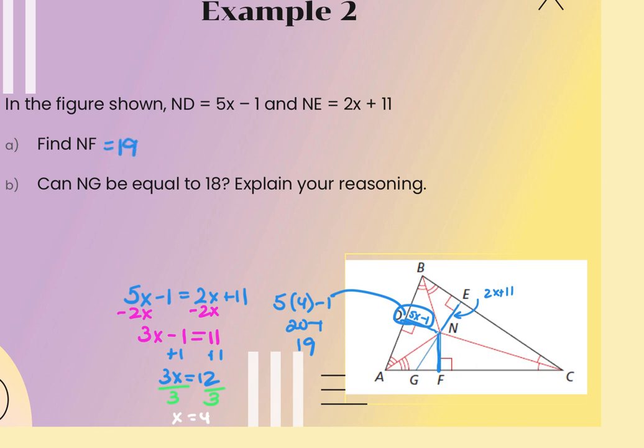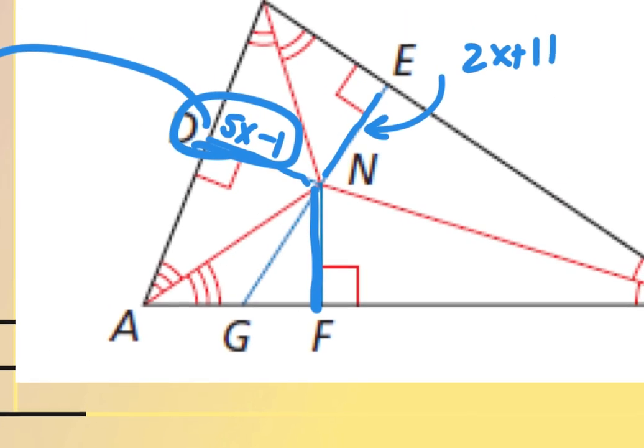B says, can NG be equal to 18? If I look at this diagram, NG is not the right angle, so it's not the shortest distance. It would be opposite the largest angle, the right angle, which means it has to be longer than this segment here. We just said this segment here was 19.